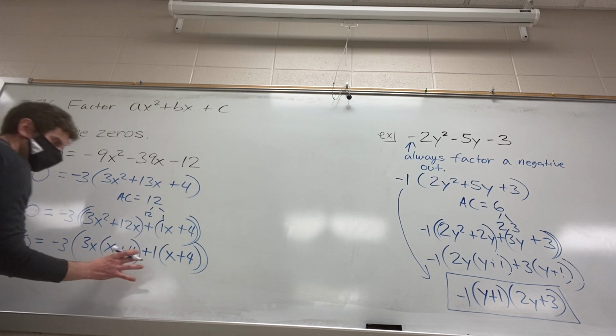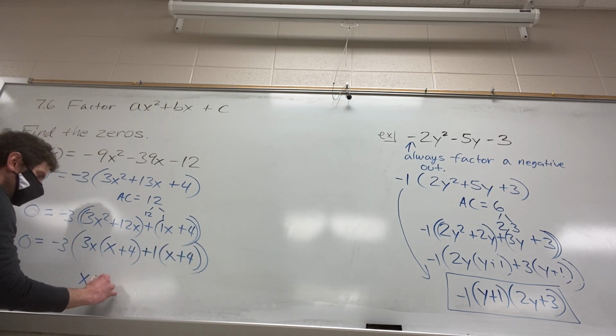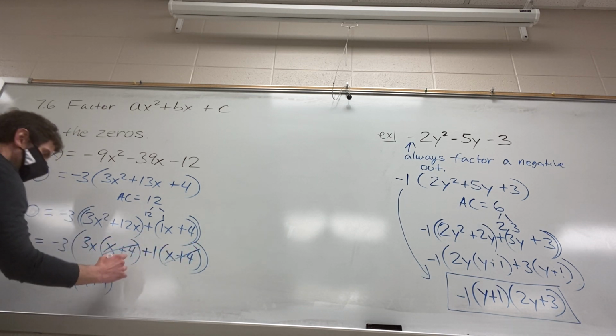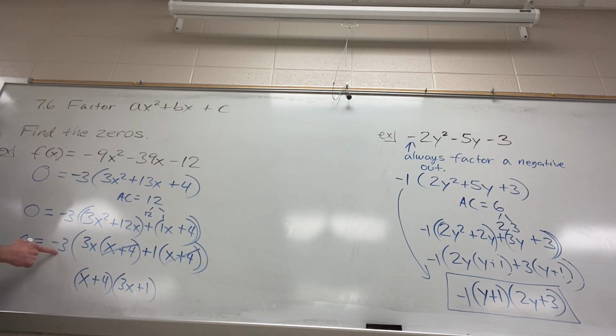Now that these match, we factor out the common binomial, x plus 4. What's left behind? 3x plus 1. What was out front? -3 equals 0. So what's left is we need to actually solve this, don't we?